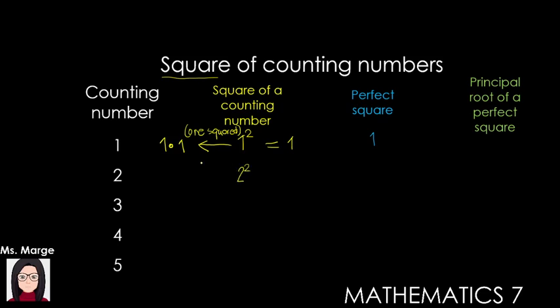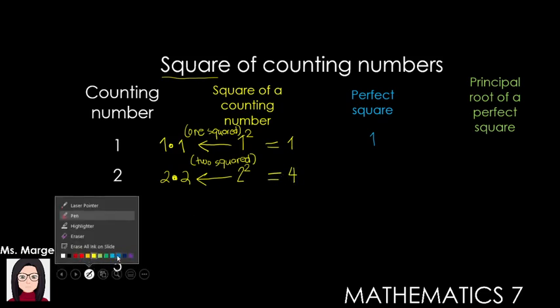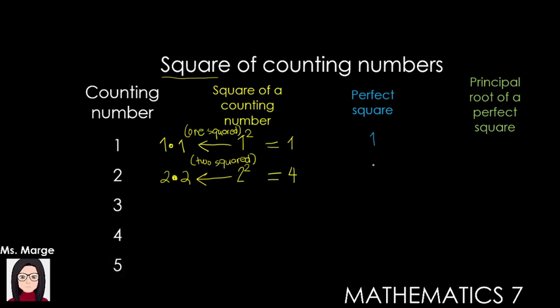Ang basa dito ay 2 squared. At that will be 2 times 2. Hindi yan 2.2. That is 2 times 2. Hindi tayo gumagamit ng cross symbol dito. And 2 times 2 is 4. Meaning, ang 4 ay perfect square. Yung mga sagot dito, yun yung perfect square.